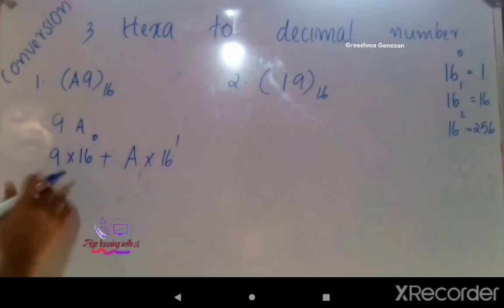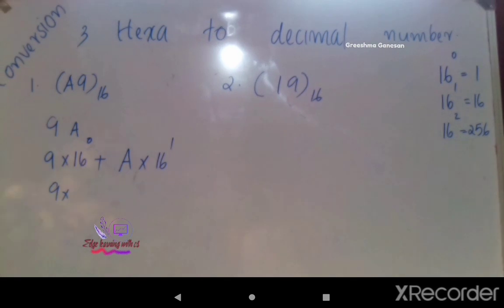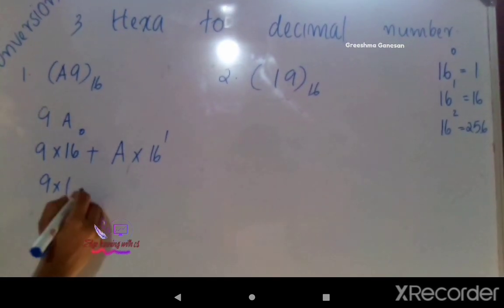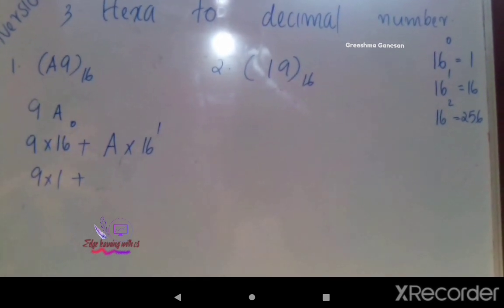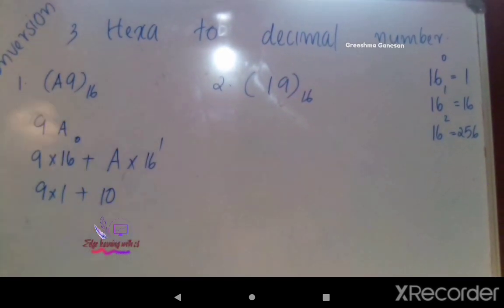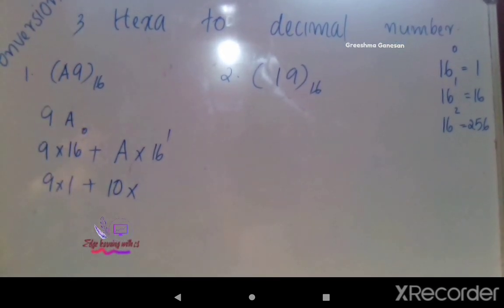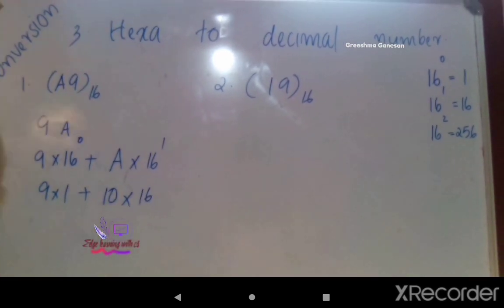So 9 into 16 raised to 0. What will be 16 raised to 0? It will be 1. Plus A, what is the equivalent value for A? It will be 10 into 16 raised to 1. What will be the value? Yes, 16.